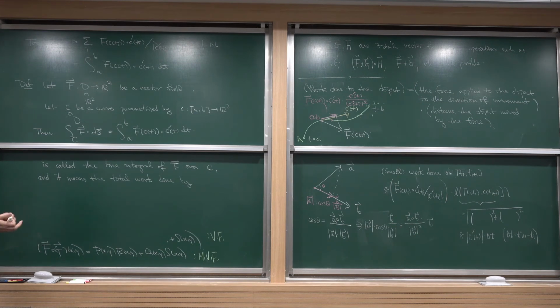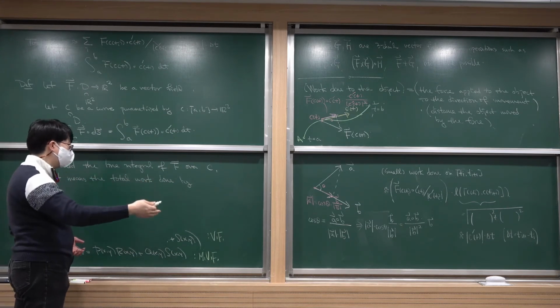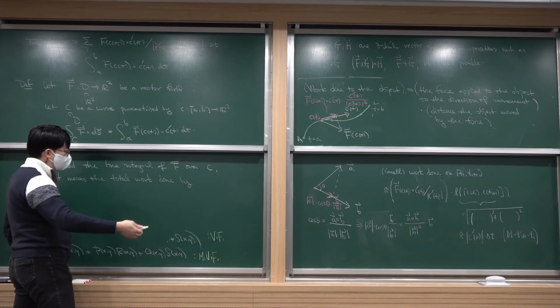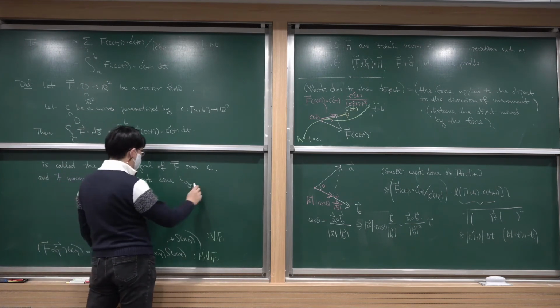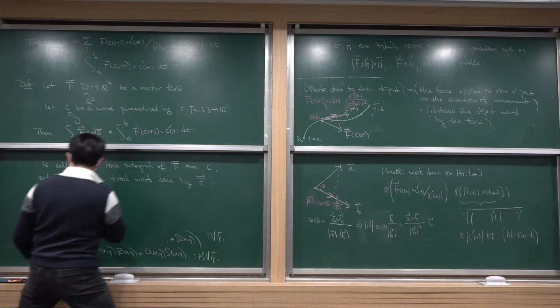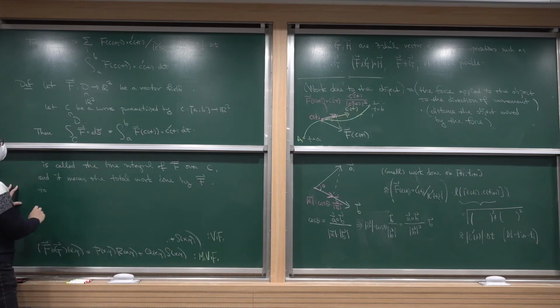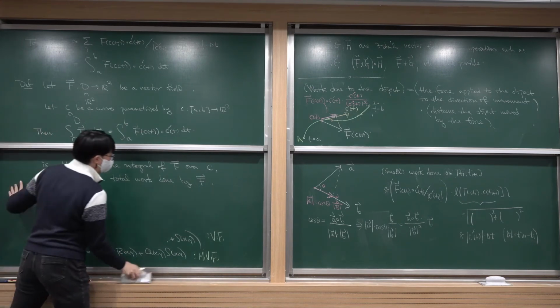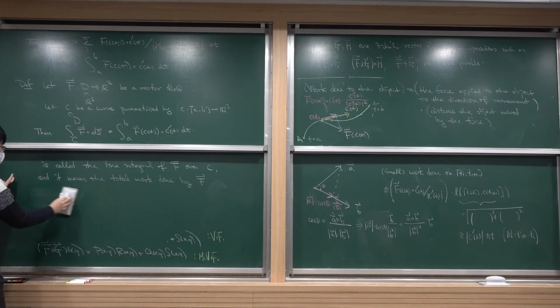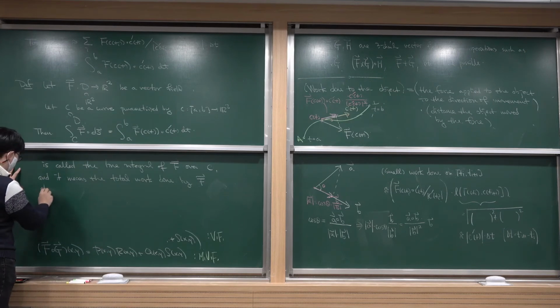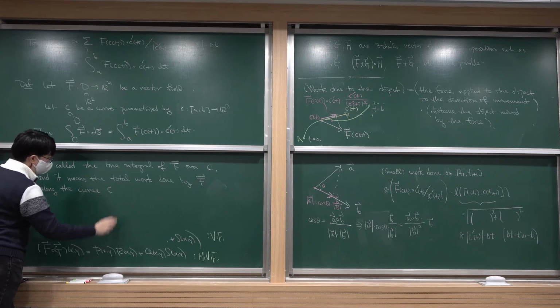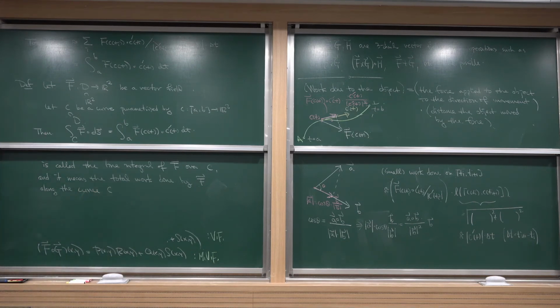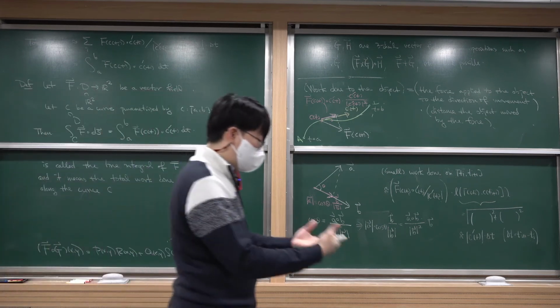The work is done to the object, but who is doing the work? It is done by the vector field. So it's the work done by F to whatever the object is, because we didn't specify the object here, along the curve C. So the line integral is the work done by the vector field along C.